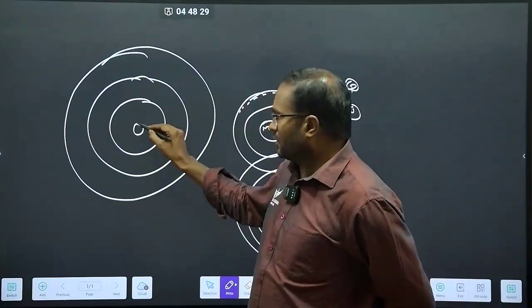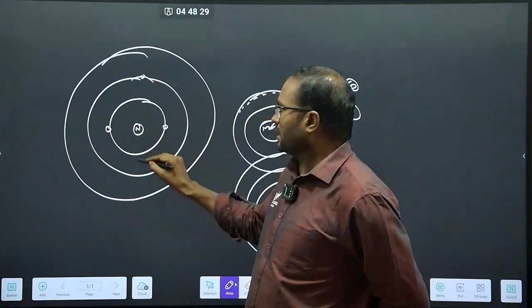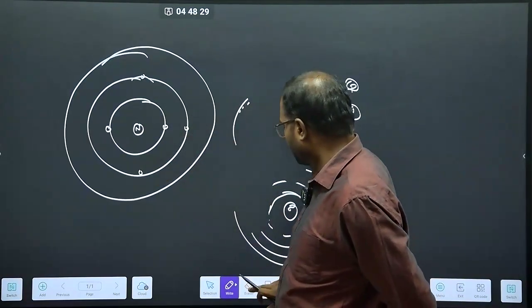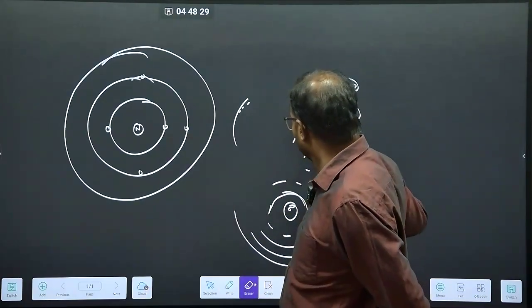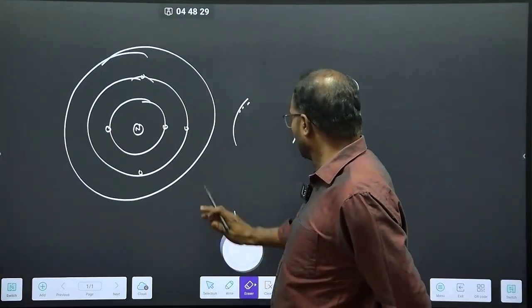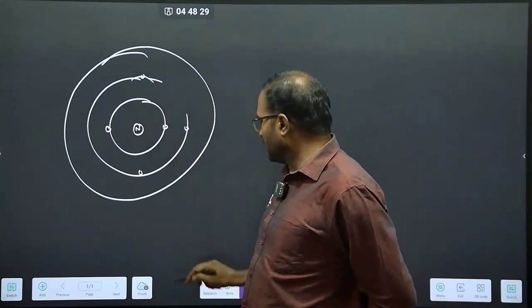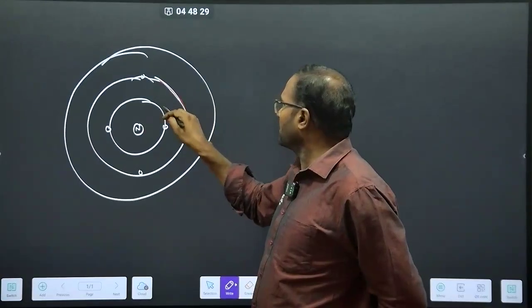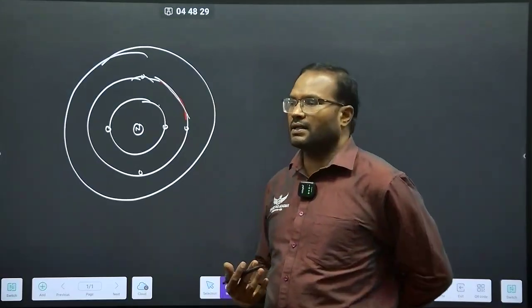So this is a nucleus, and around the nucleus, the electrons will be orbiting. We can represent this as an athlete pathway.